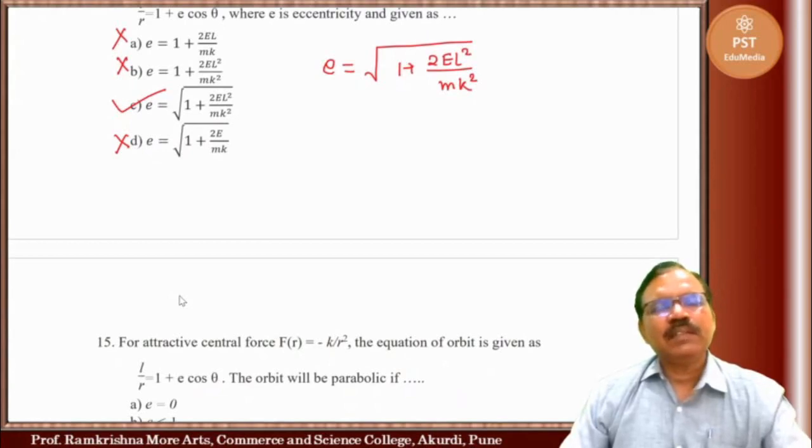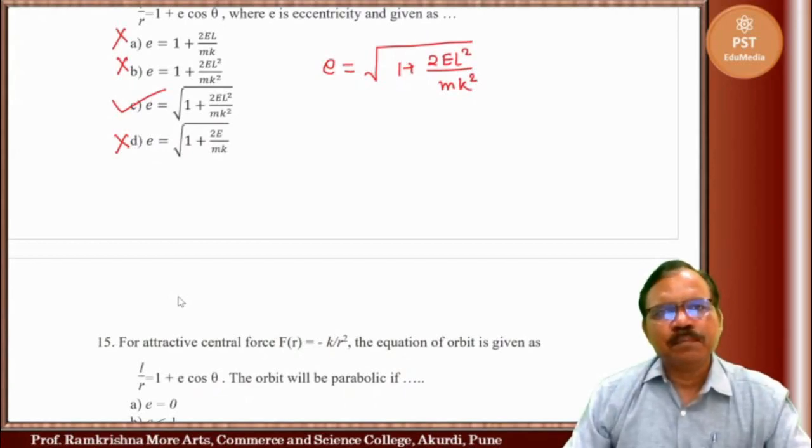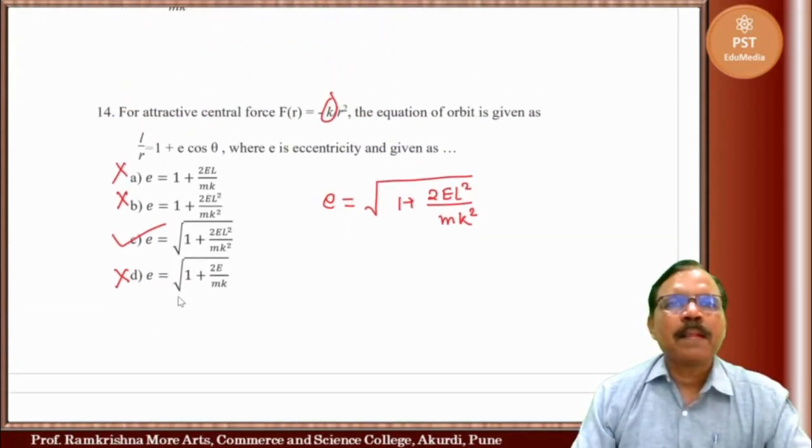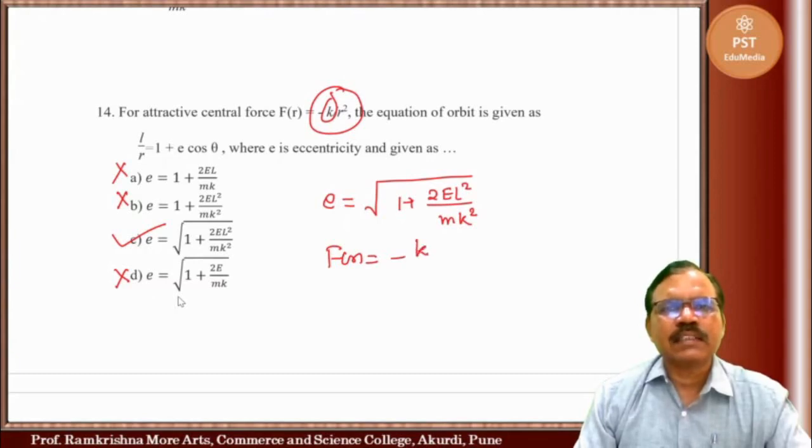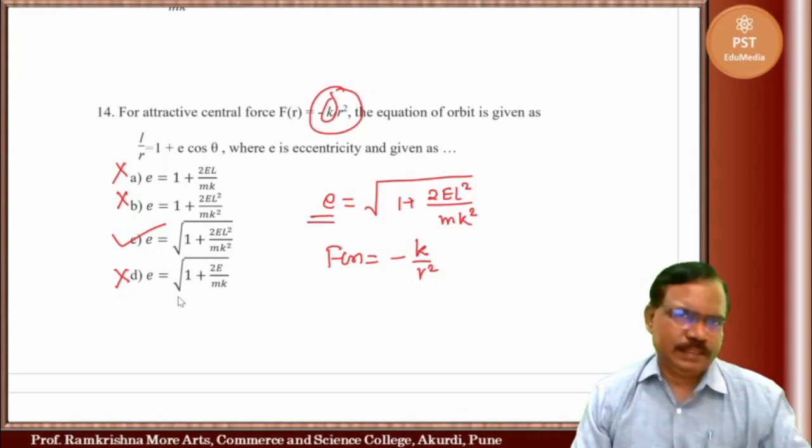Now the orbit of the particle in a central force field with this force F of r is equal to minus k upon r square is decided by energy, which means it is also decided by eccentricity.